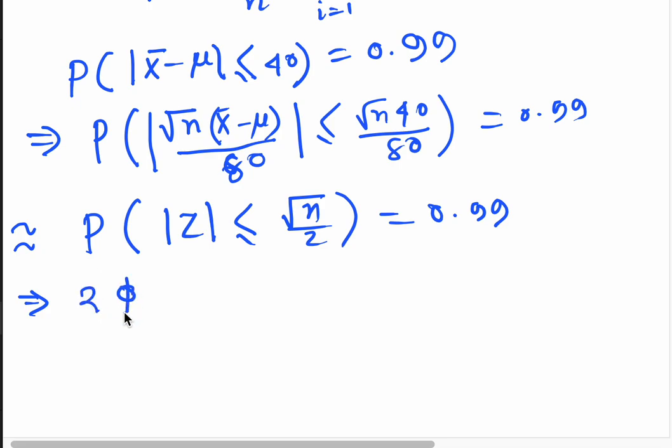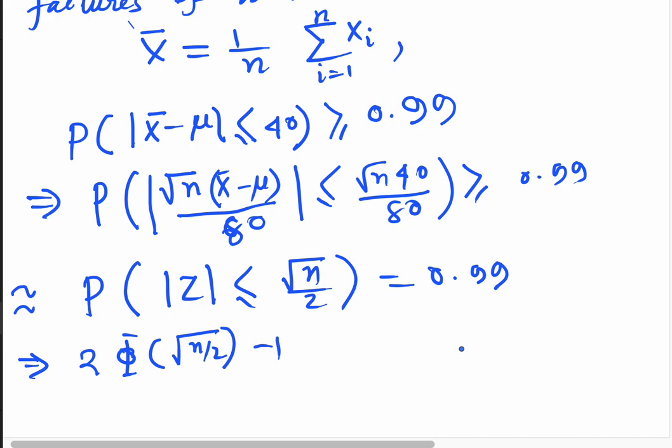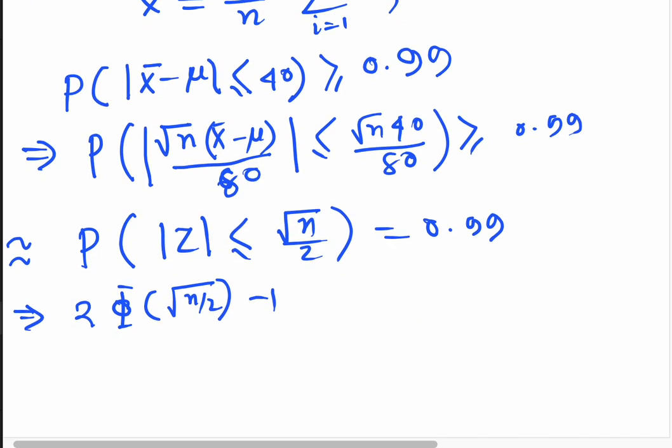So this is 2 phi of root n by 2 minus 1. I think this is greater than or equal to, since it is said at least, so this should be greater than or equal to 0.99.